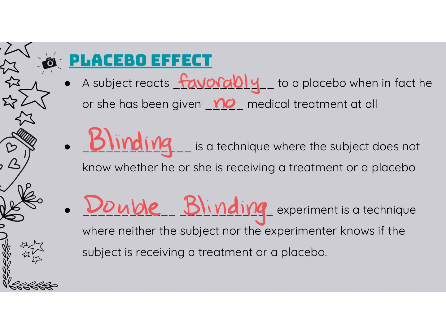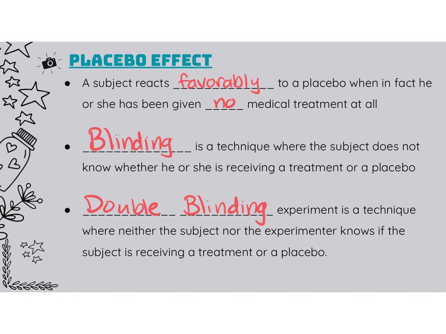Blinding is a technique where the subject does not know whether he or she is receiving a treatment or a placebo. Double blinding is an experiment technique where neither the subject nor the experimenter know if the subject is receiving the treatment or the placebo.